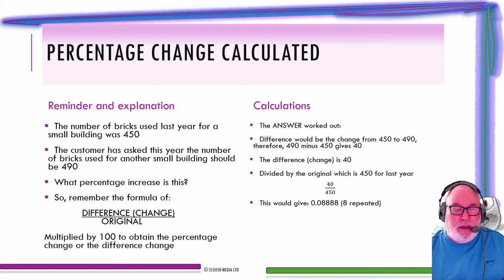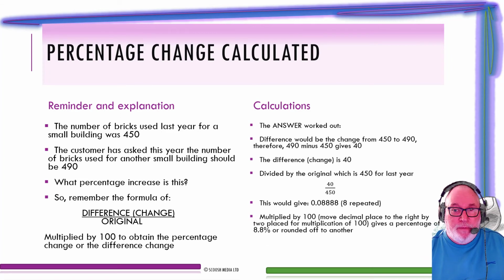So that would give you 0.0888888888. Okay, I could be here all day. Right, rounding off, you can do that. We've done rounding off, there's been other videos for that. So all we do is the point, it becomes 8.8%, because remember, if it's 0.08888, now what we could do is to say 0.09, okay, so it should be, shouldn't it? 0.09 multiplied by 100.